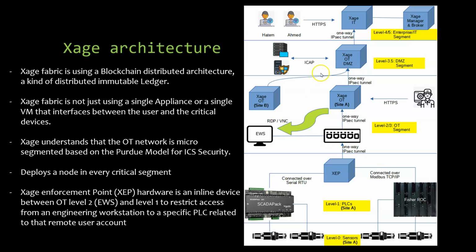So actually Xage fabric guys is a distributed architecture. It's actually an immutable ledger. If you know about blockchain, the blockchain is a very modern concept in the security space, where you have a distributed decentralized immutable ledger.